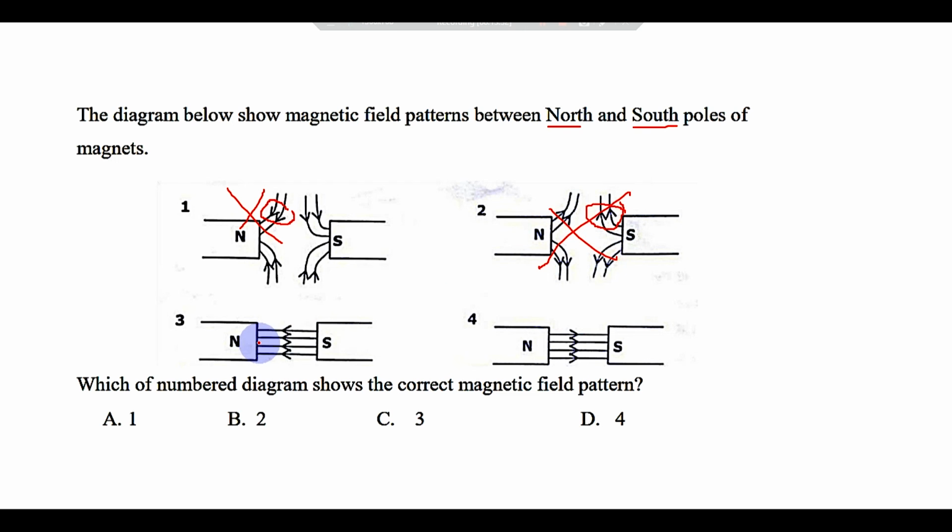So even number 2 is not correct. Let us go to number 3. Again, you cannot have magnetic field lines coming from the south to the north. Not correct. Meaning the correct pattern in this case is number 4, because you have magnetic field lines pointing from the north to the south.